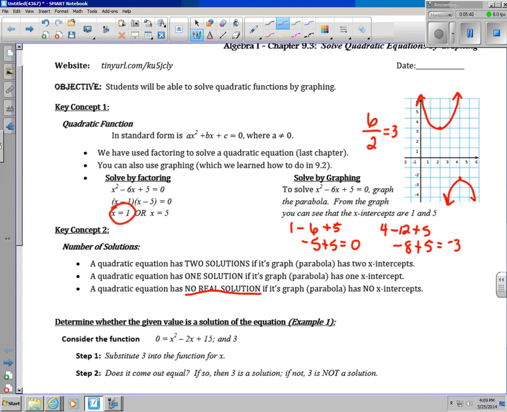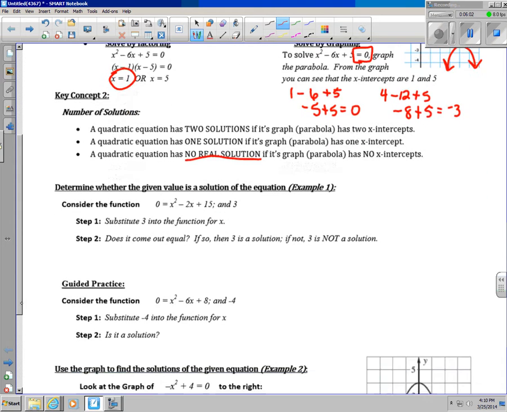Same concept. No solutions. In other words, there's nothing where the y is going to equal 0. Because that's what we're talking about here, a quadratic equation set equal to 0. There would be nothing that would make the y equal 0. So no solutions. All right, those are our key concepts.